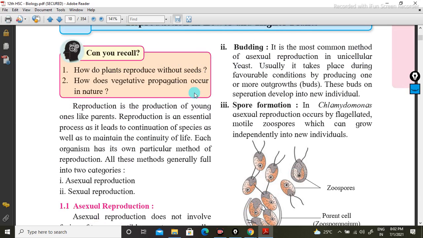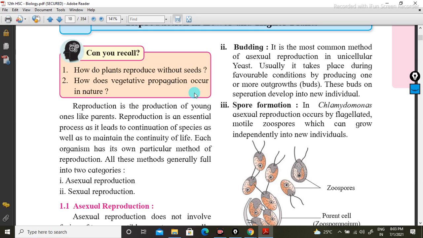Now the next method of asexual reproduction is budding. We have studied budding in Hydra, right? Similarly, here the example given is yeast, which is a kind of fungus. Under favorable conditions it shows asexual reproduction by budding.